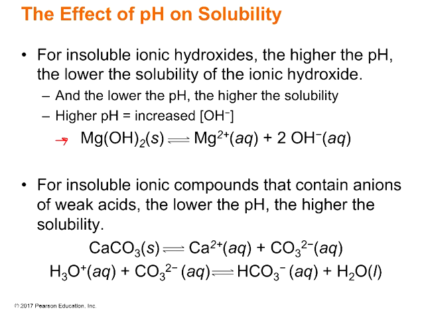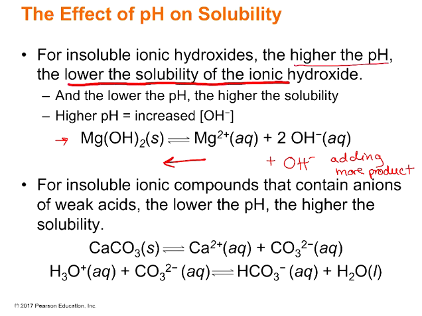That means we're adding more hydroxide to solution, so we're adding more product. That means equilibrium will shift to the left. So if we have a high pH, we're lowering the solubility of the hydroxide.